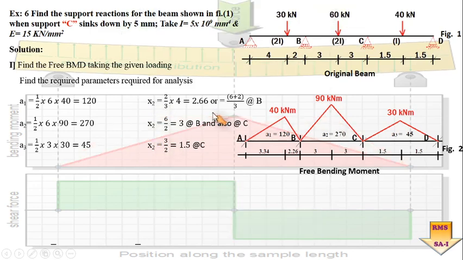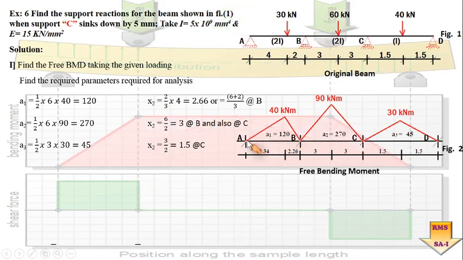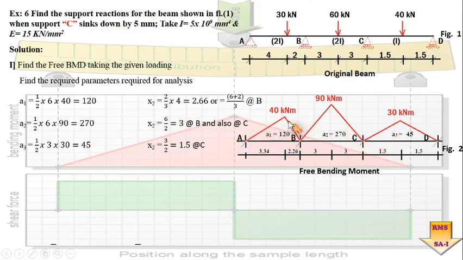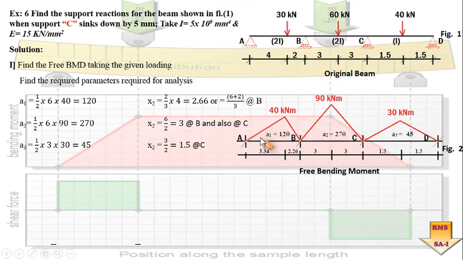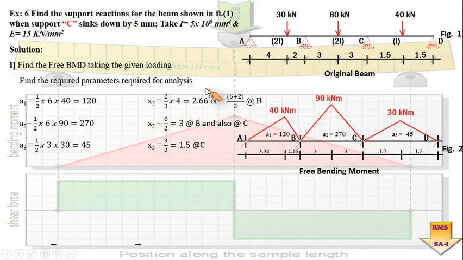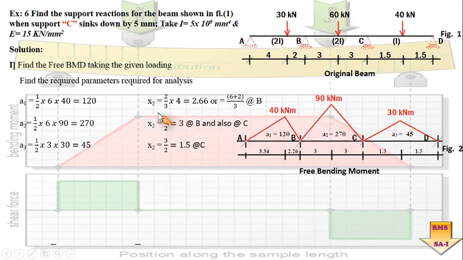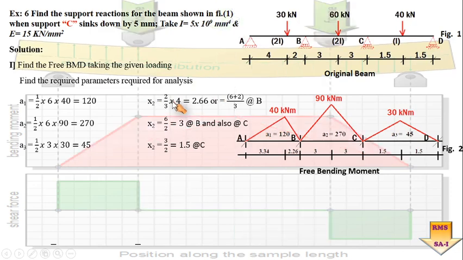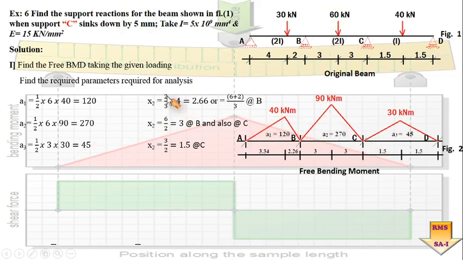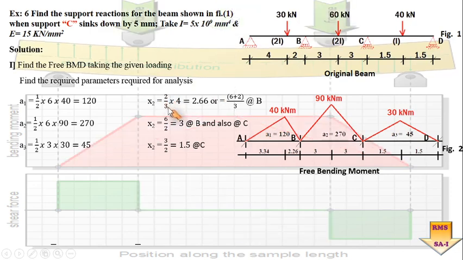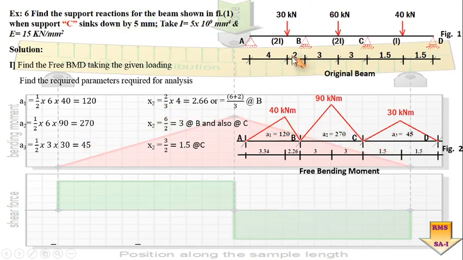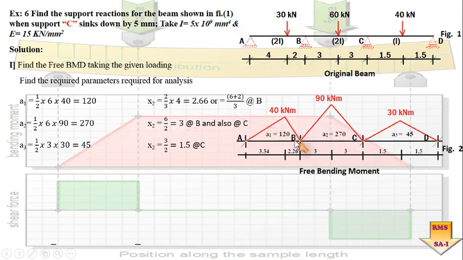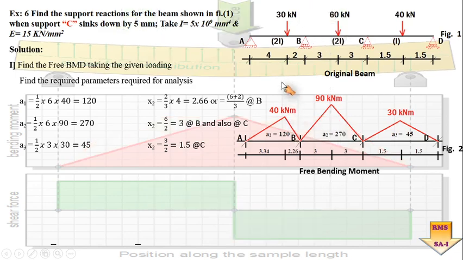Here you can see this is a somewhat eccentric free bending moment diagram. It's not symmetrical. So in that case, let us see how we have to work out the value of x1. Here the value has been worked out by 2 by 3 of 4, that is, I am working out the value about point B. So 2 by 3 of what?